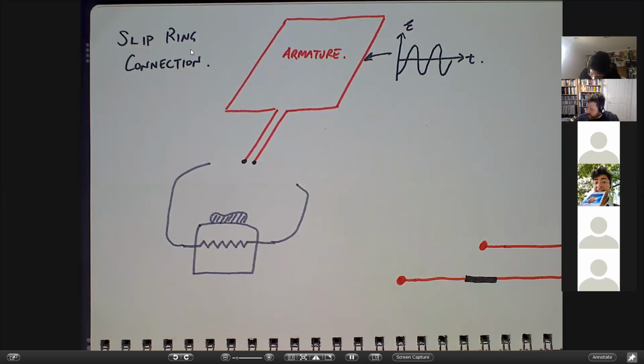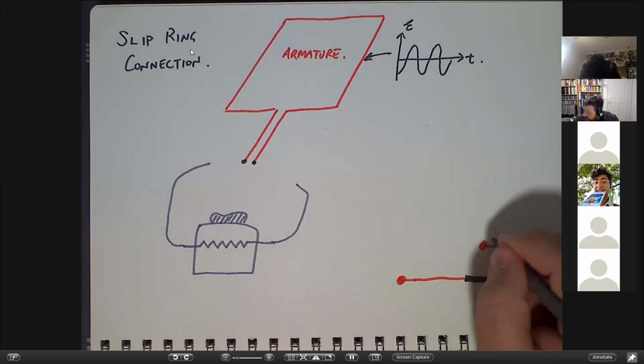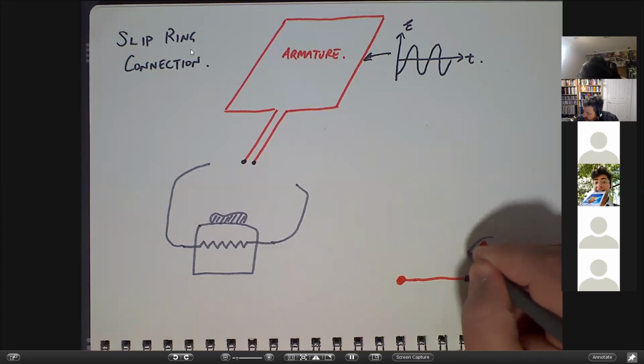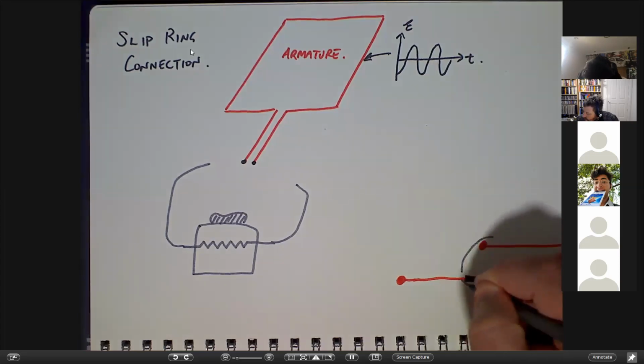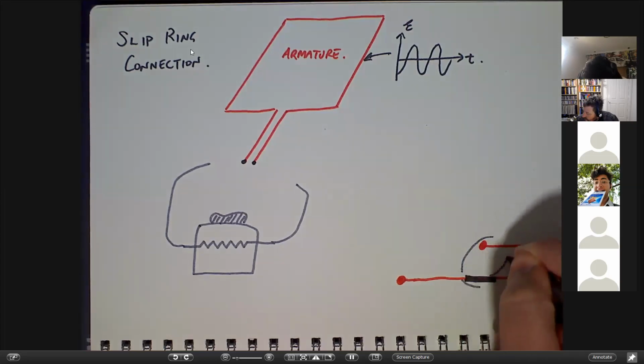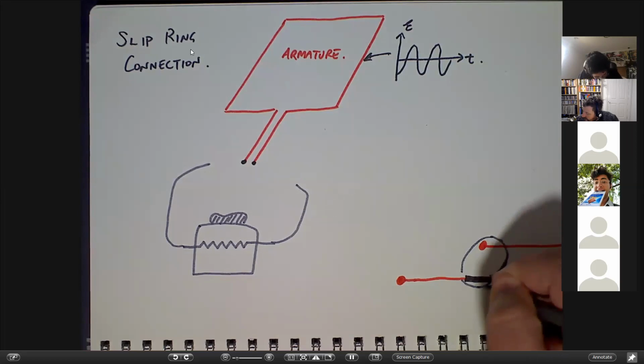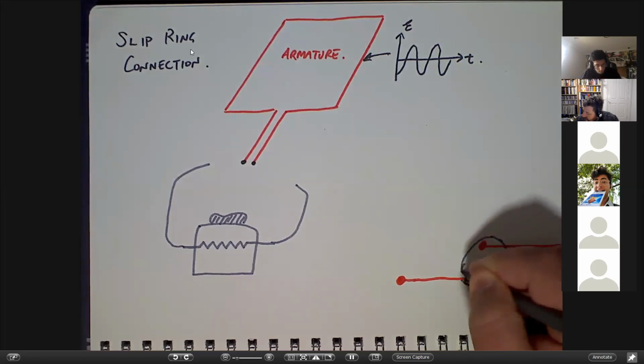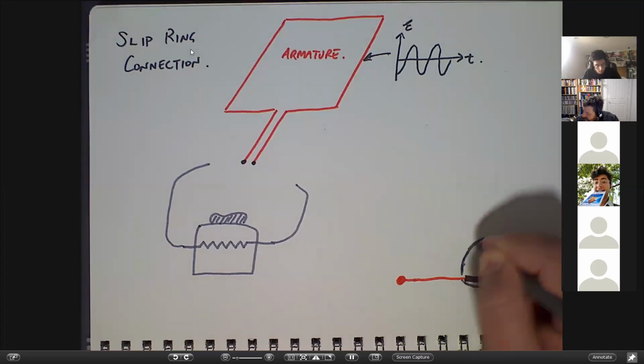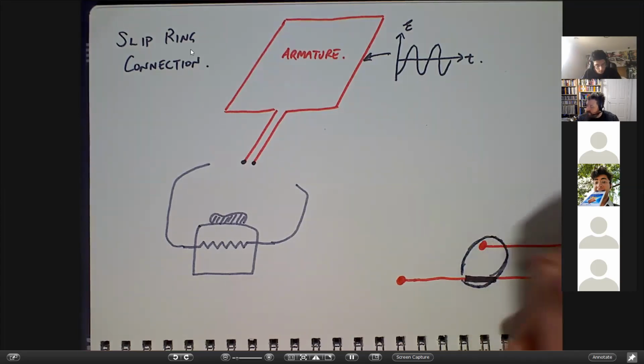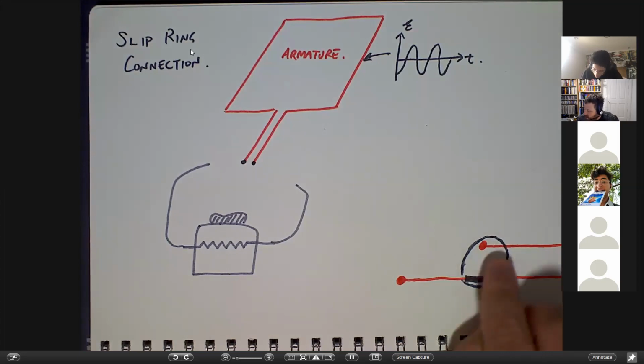Then what we do is we put a little circular-ish loop like this, where this arm is rotating inside.